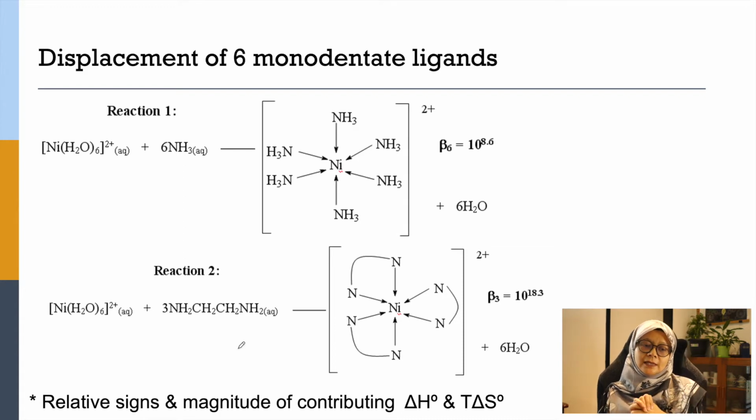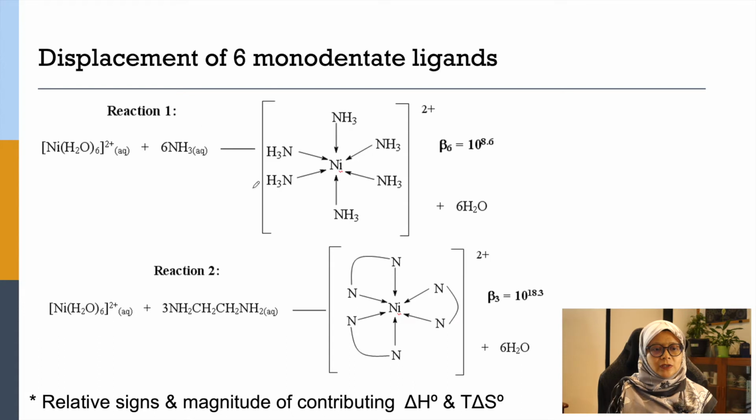Here this is a displacement of 6 monodentate ligands. Here we have two kinds of reactions, reaction 1 and reaction 2. The difference between these two reactions is the types of ligands.